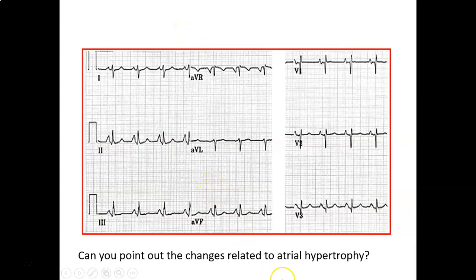Look at this ECG, and can you point out the changes related to atrial hypertrophy only? You look at lead 2, and you see the P waves are tall. So this is right atrial hypertrophy, and you can further confirm in lead V1 where the initial component is taller than the distal component.